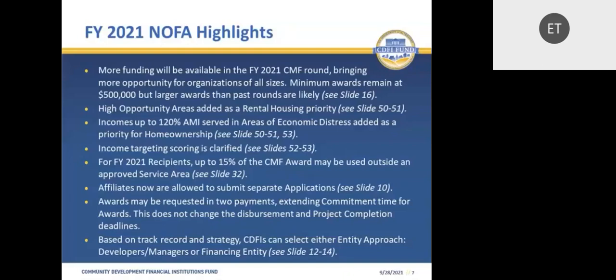Our income targeting scoring, I think, is a little more clarified in this NOFA. And for 2021 recipients new this year, up to 15% of your award may be used outside your approved service area. This gives you the advantage of taking advantage of an opportunity that you might not have anticipated when you originally submitted your application.